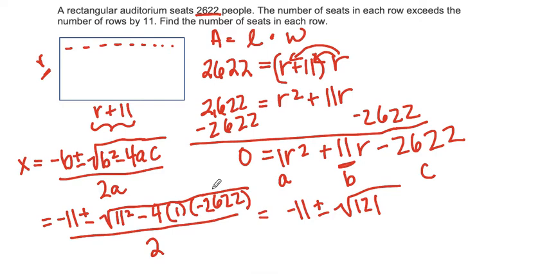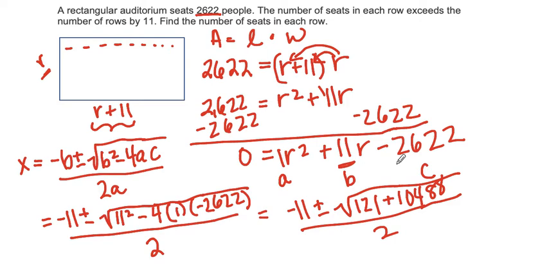Negative 4 times negative 2,622 is going to give us a positive 10,488. And that's over 2, and then we have to simplify that further. We'll combine and then take the square root.